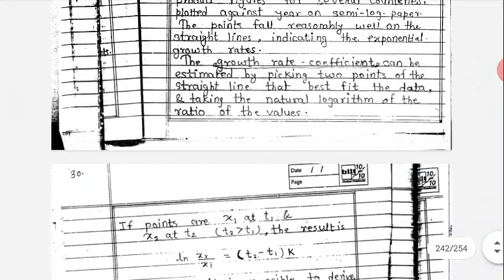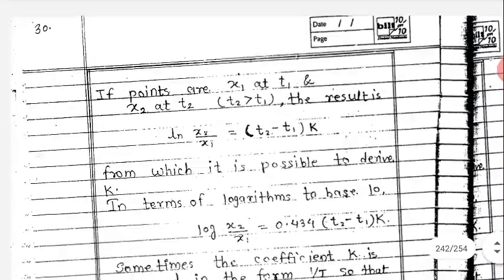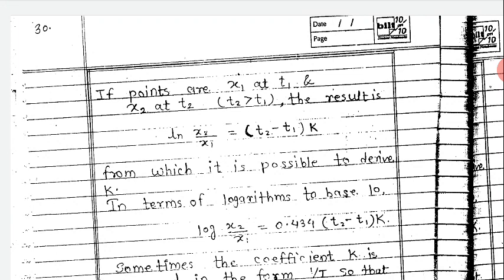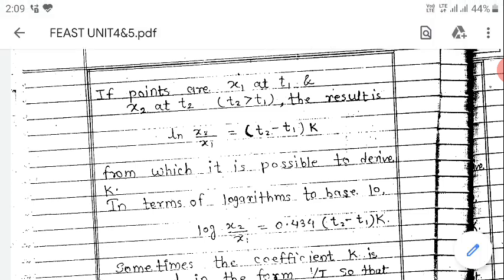So we have x1 at time t1, and x2 at time t2. Assuming t2 is greater than t1, taking the natural log of the ratio, ln of x2 by x1 is equal to (t2 minus t1) into k.